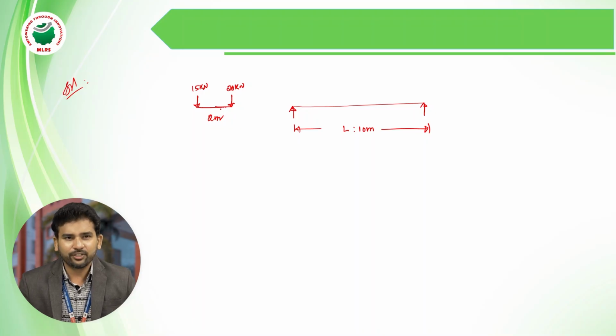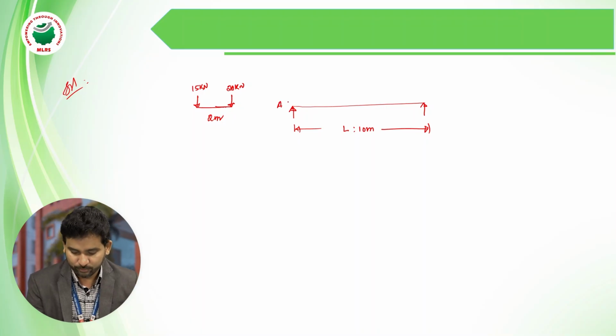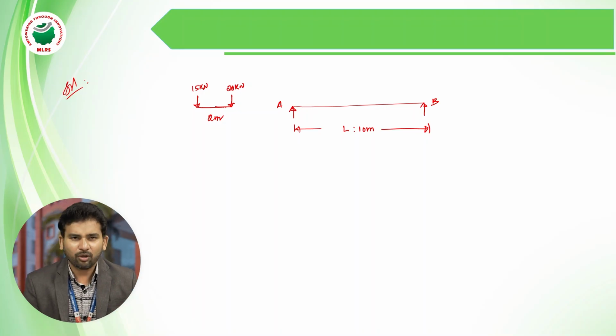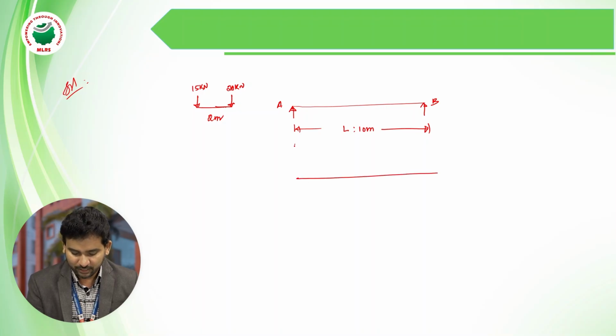Now, the load is moving from support A to B. The first aim is to determine the reaction at support A and support B, for which we have to use the influence line diagram. Already we know that for a 1 kilonewton load, the influence line diagram for RA will be like this.